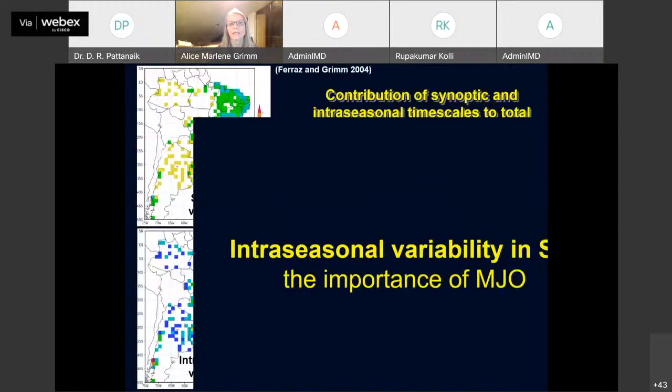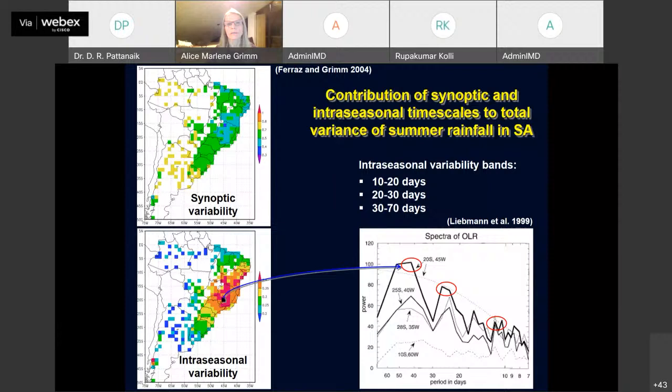So let's introduce the intra-seasonal variability in South America. Here we have the contribution of synoptic and intra-seasonal timescales to total variance of summer rainfall in South America.